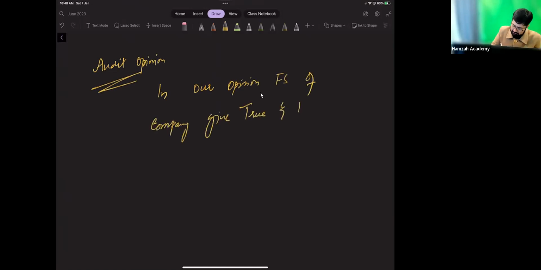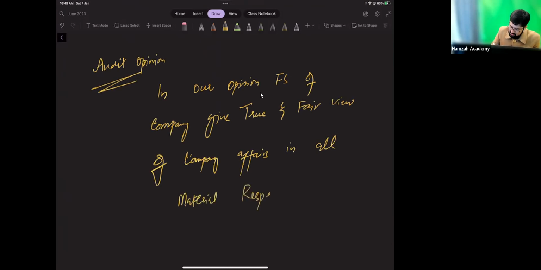Basically, in the audit report, the audit opinion paragraph is like this. In our opinion, the financial statements of the company give a true and fair view of the company affairs in all material respects.